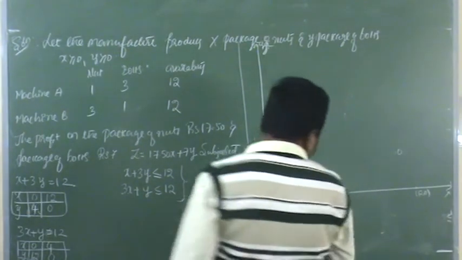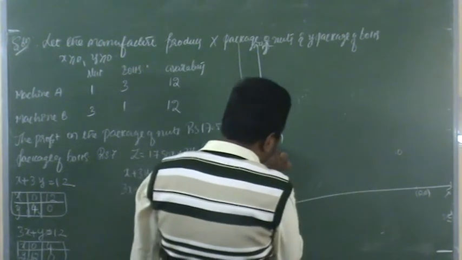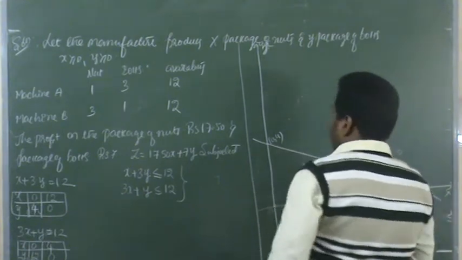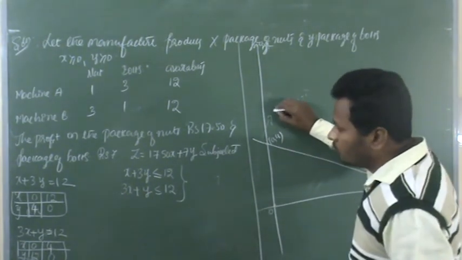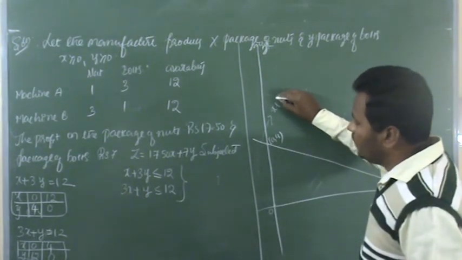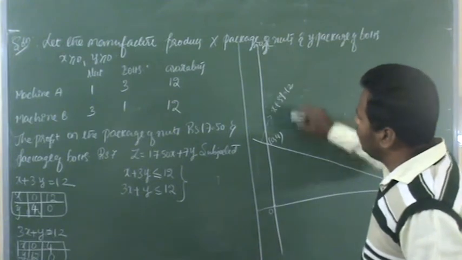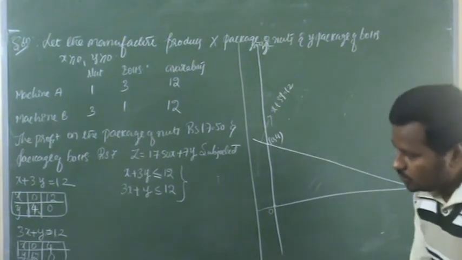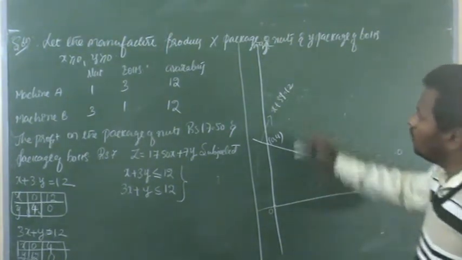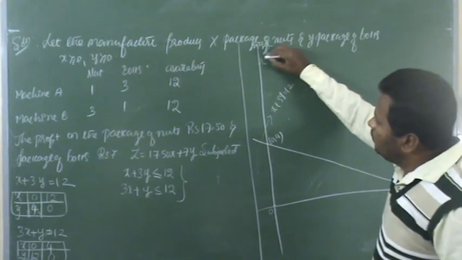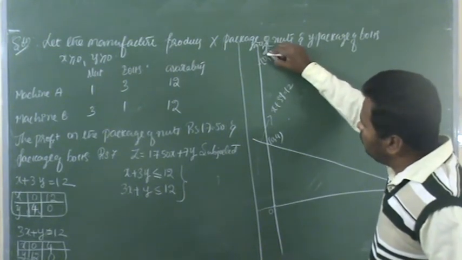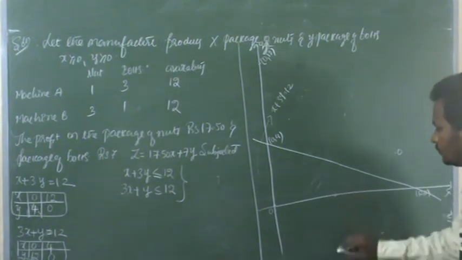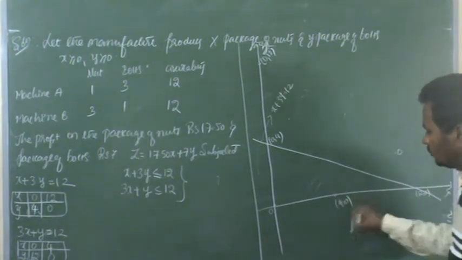Joining these two points gives the line x plus 3y equals 12. For the second equation, x is 0, y is 12, that is (0, 12), and y is 0, x is 4, that is (4, 0).